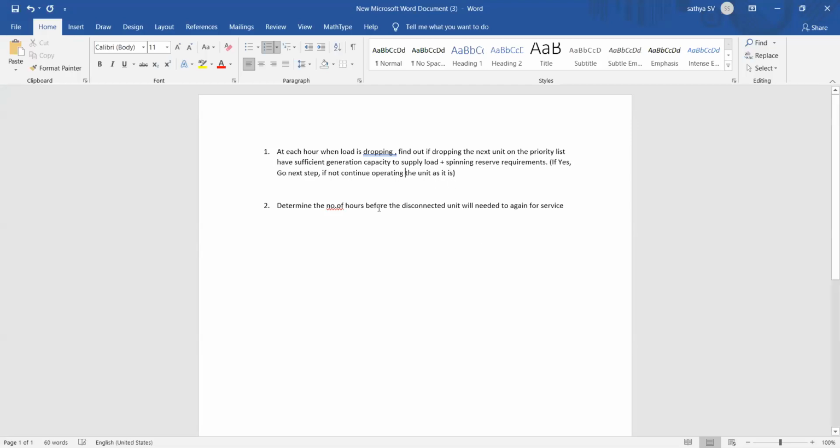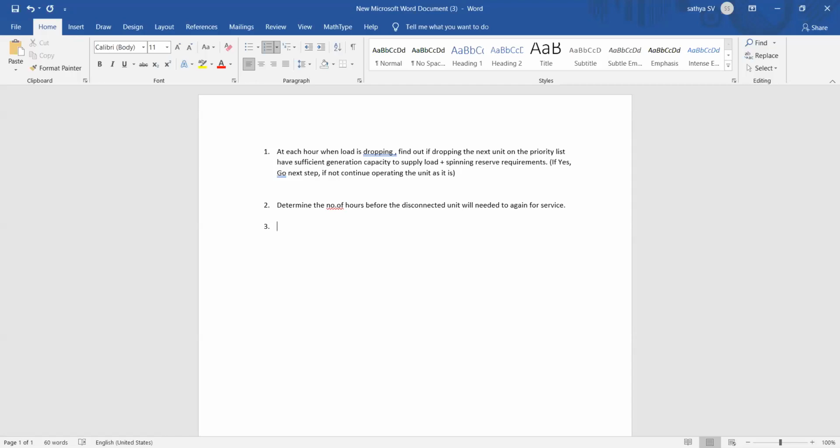If it is okay, then you are moving to the second step: how many hours are required before the disconnected unit will be needed again for service. Nothing but from shutdown to switch on, how much time it is taking, that we need to calculate.